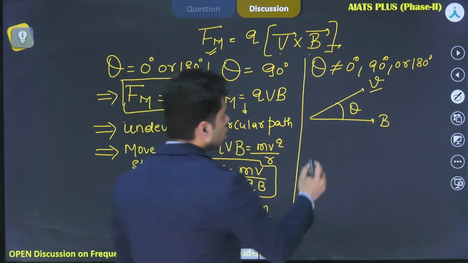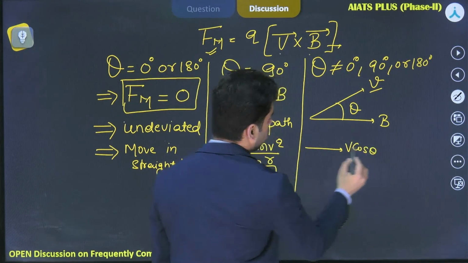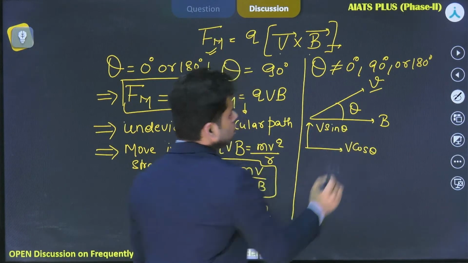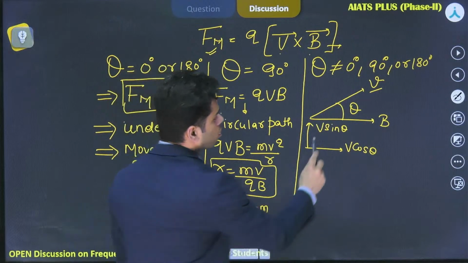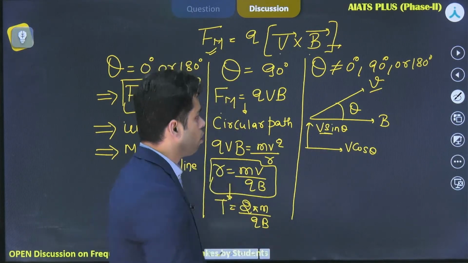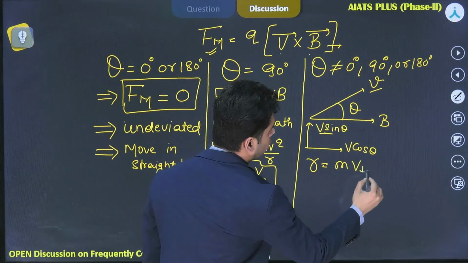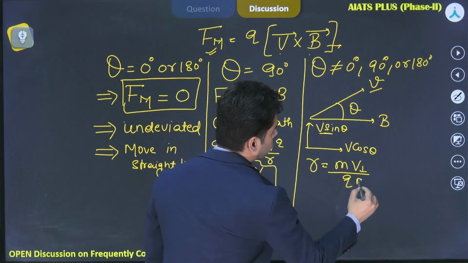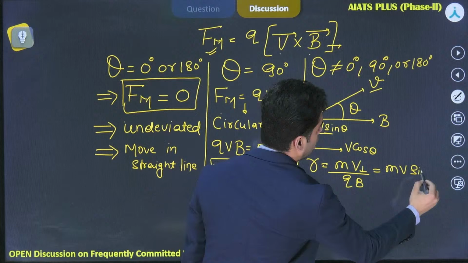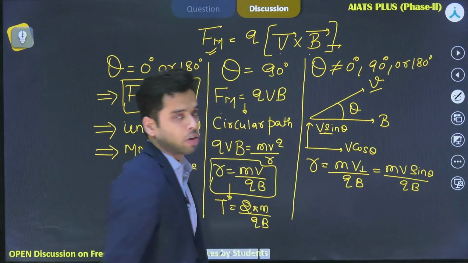So you have two velocities, one along the magnetic field, V cos theta, and one perpendicular to the magnetic field, V sin theta. This velocity will make the particle undergo a circular path. So the radius of the circular path will be mv perpendicular by qB, so mv sin theta by qB. This will be the radius of the circular path.